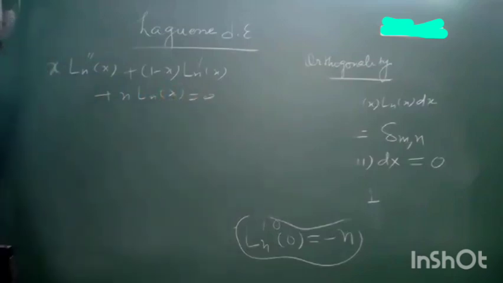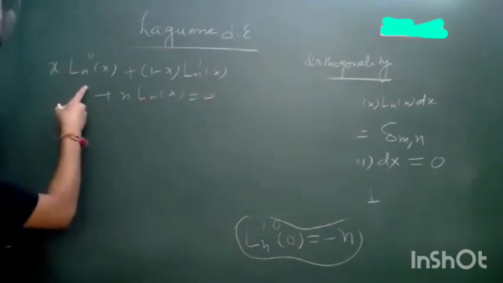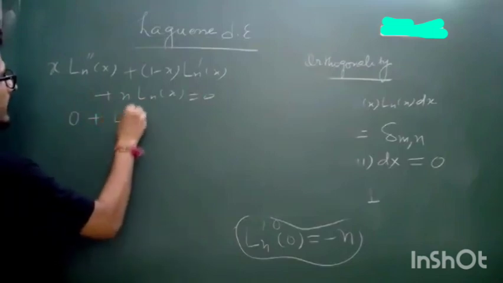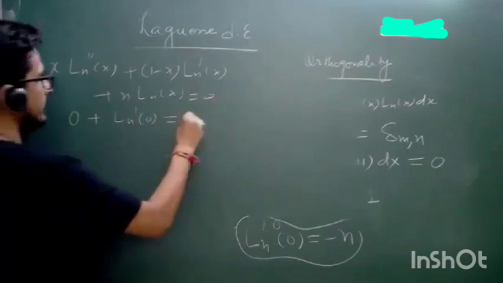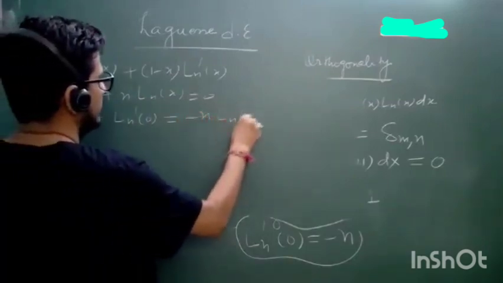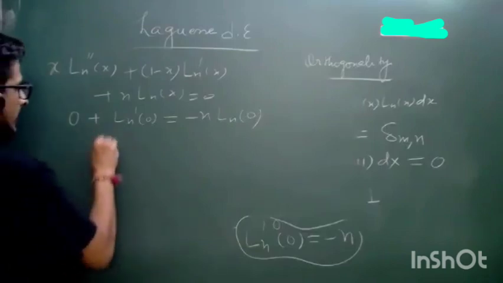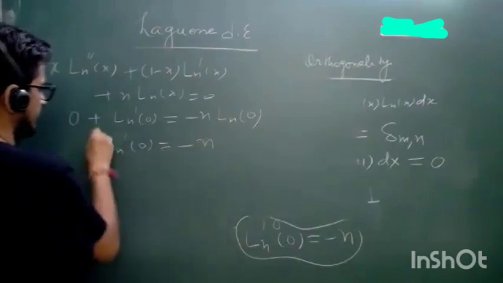Correct? Yes, sir. So I want Ln dash 0. So let us put x is equal to 0. So this will become 0 plus Ln dash 0 is equal to, take this side, minus n Ln 0. Correct? So Ln dash 0 is equal to minus n.